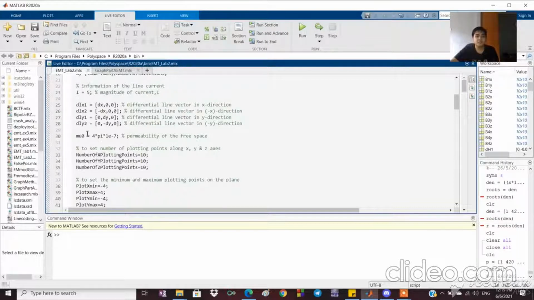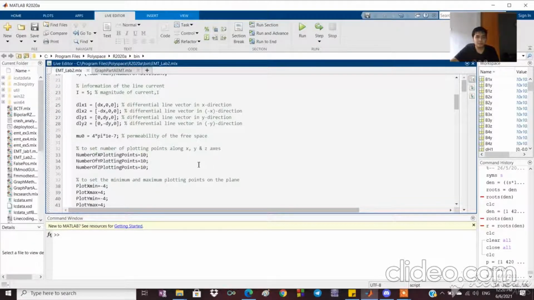This is for the direction of the current line for each line. And the mu naught here is the permeability of free space, which is 4 pi times 10 to the power of -7.